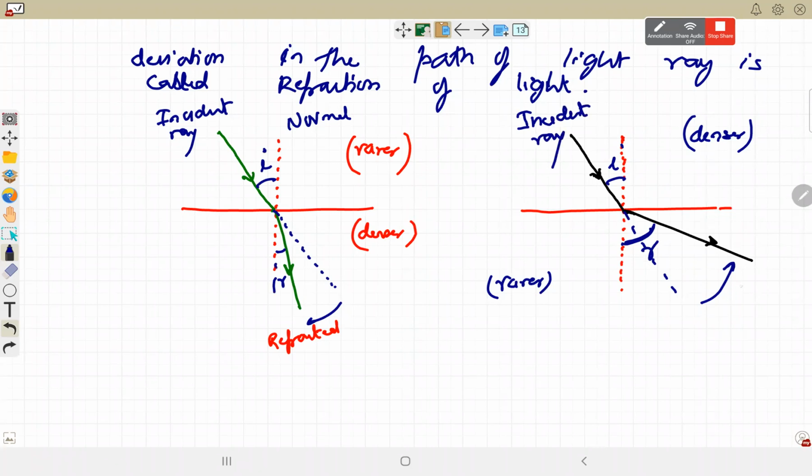As we also discussed in Newton's corpuscular theory, Newton assumed a hypothetical assumption that denser medium attracts and rarer medium repels, without any logic behind that.